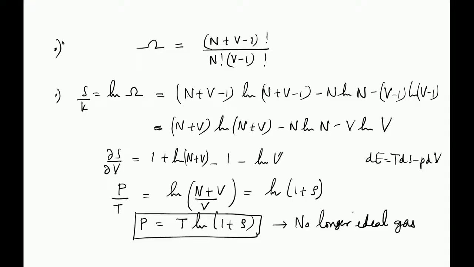Then I differentiate this one, I get log n plus V. Then I differentiate this, nothing can happen. Minus V log V gives you minus 1 when I differentiate log V, and minus log V when I differentiate V. So I am left with log n plus V by V, but del S by del V is P by T. That is log 1 plus rho. I divide by V throughout, I get 1 plus rho. Rho is the number density.